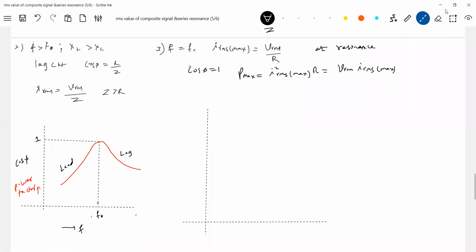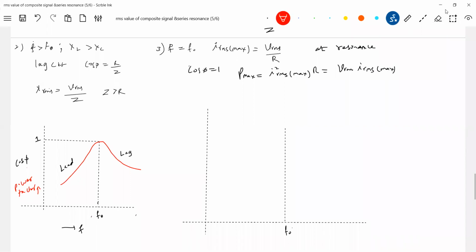Let's see how the graph will come. Since L and C are fixed, the resonant frequency will not change. First I'll put resistor R1, then resistor R2. How is the graph going to be?